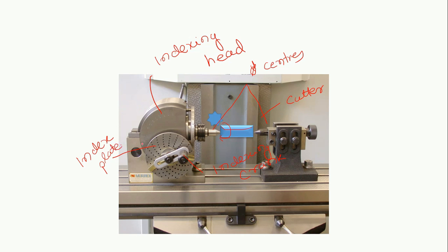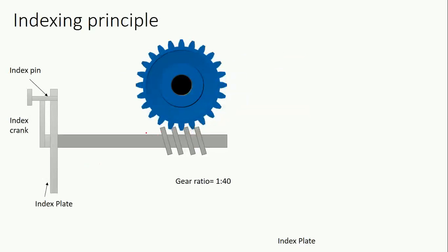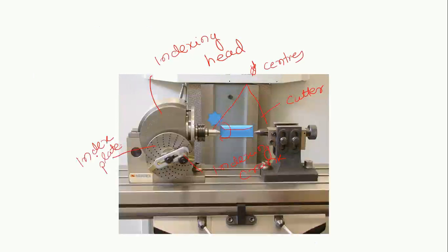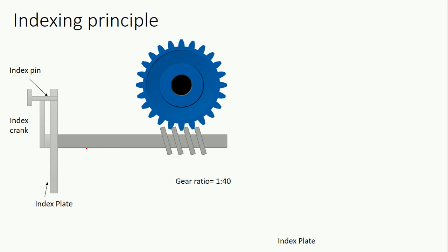But we should know how it works. So let's go for this one. This is a schematic diagram of the indexing head. Here it is the index plate. What I have shown here, a large number of holes, is known as the index plate, and this is the index crank. Here the worm and worm gear mechanism are there. This is used for a high gear reduction ratio.